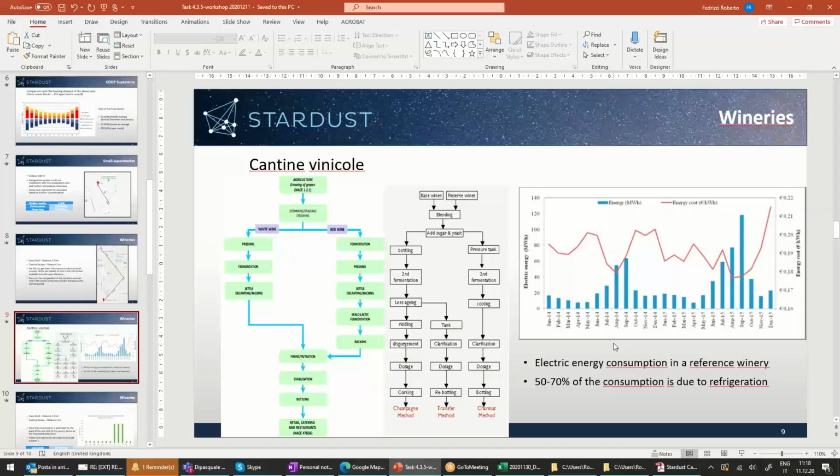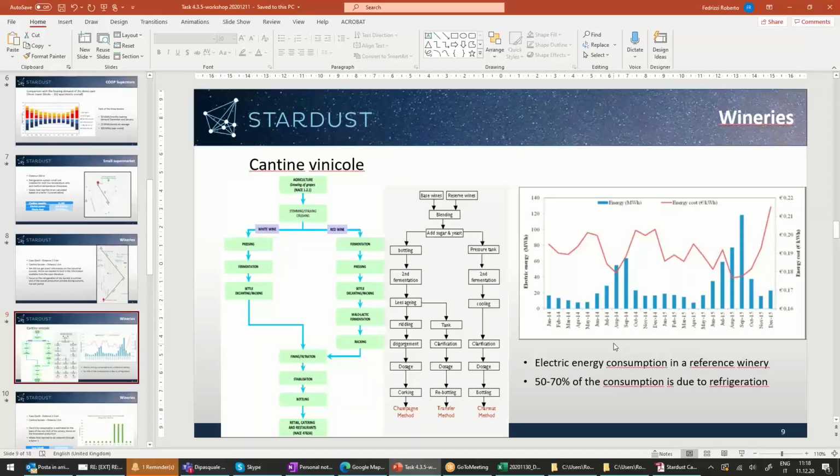Most of the electricity consumption is concentrated in August, September, partly October, and this is due to refrigeration of the barrels during summer. This is mostly for white wine, and also for the production of the wine during harvest.